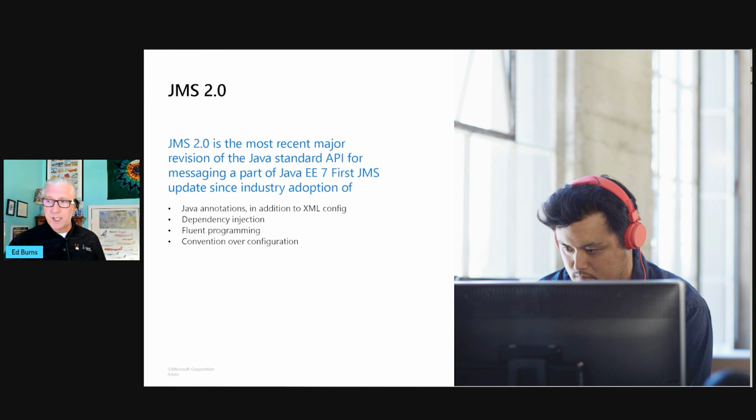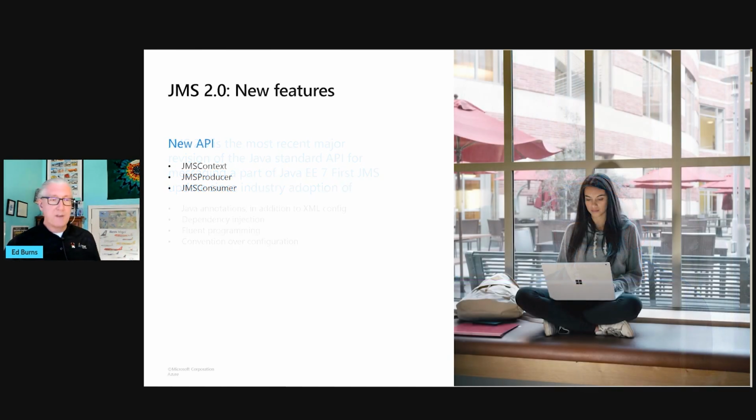When Spring first came out, it started life as the running example in Rod Johnson's book J2EE without EJB, and there were some legitimate criticisms that were leveled against EJB 1.0 that were fixed in Spring. But Java EE 6 and Java EE 7 and beyond have really addressed all of those problems, and so it's a good example of innovation happening elsewhere and being applied back to the platform.